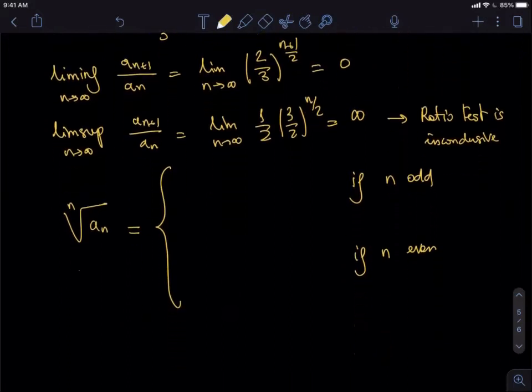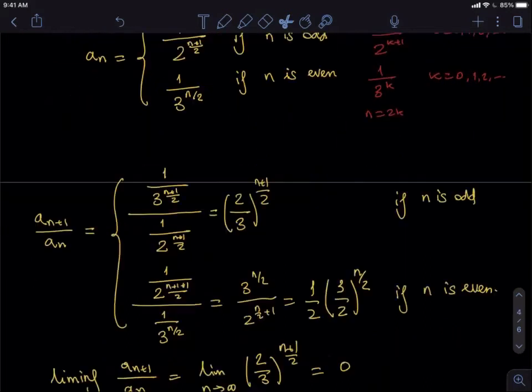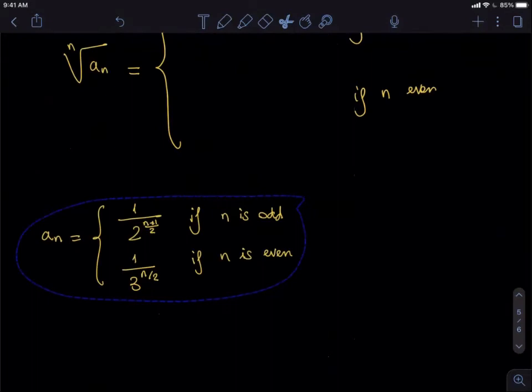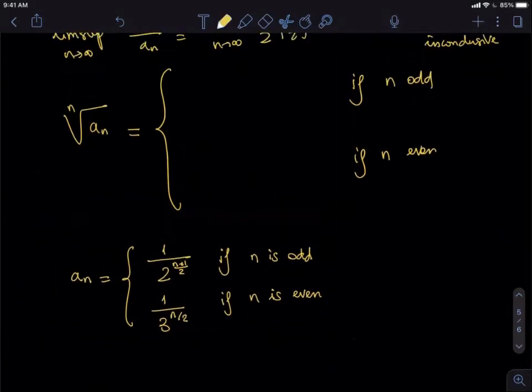Okay, so if n is odd, I have, let me copy this somewhere so we have it as a reference. So this is, if n is odd, this is 1 over 2 to the n plus 1 over 2n, okay?